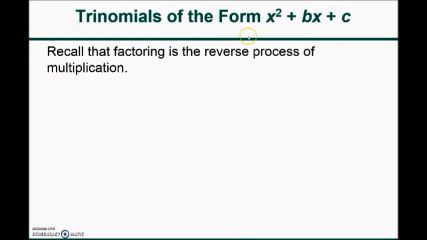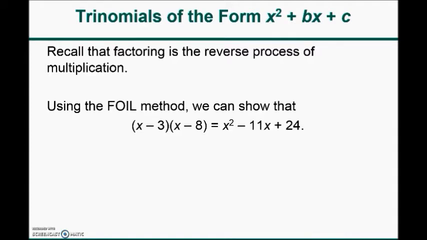If you remember, factoring is the reverse process of multiplication. So let's talk about this product of these two binomials. How do you expand it? Well, we use FOIL, right? First, x times x is x squared. Outer, negative 8x.